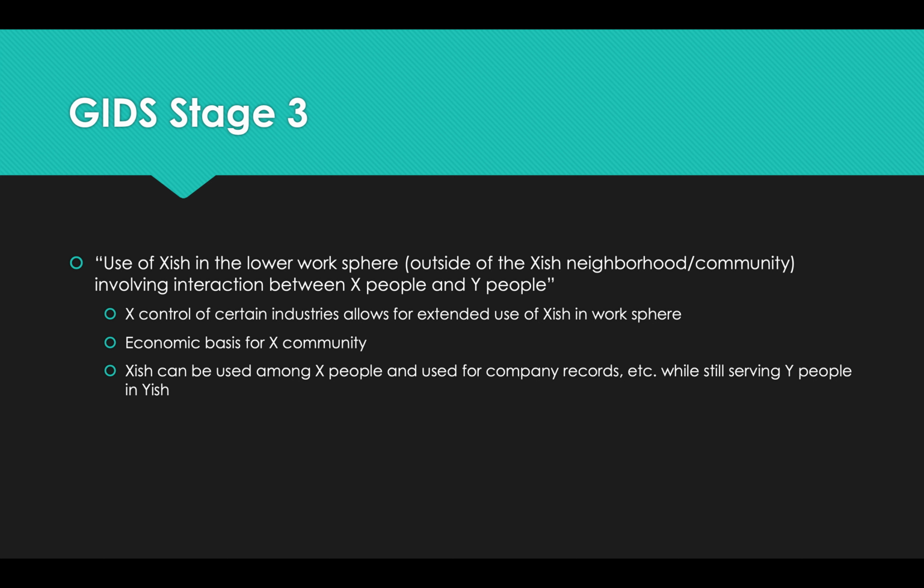So can you imagine a situation in the future where the endangered language you speak, and let's say, I don't know, Chickasaw, can be used with Chickasaw people and in business for company records, for just talking with people at work, for interacting, and still serving English speakers? So it's a much more bilingual and cooperative stage here when you start bringing in economics.